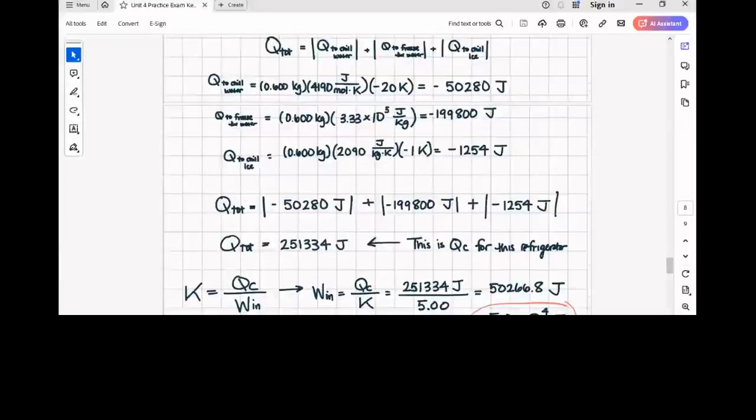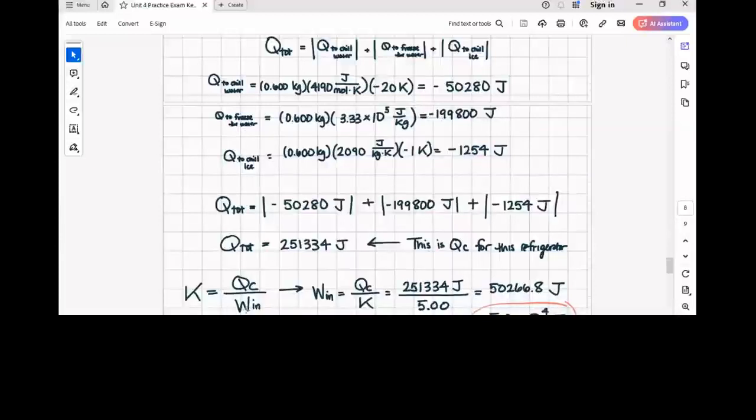Now, we're looking for the coefficient of performance, which is capital K for a refrigerator. And just like before, it's the ratio of what you get and what you have to pay for, where QC is the heat that is being taken out of the water while this process is playing out. It's going to be the same as the magnitude of Q total we calculated further up.